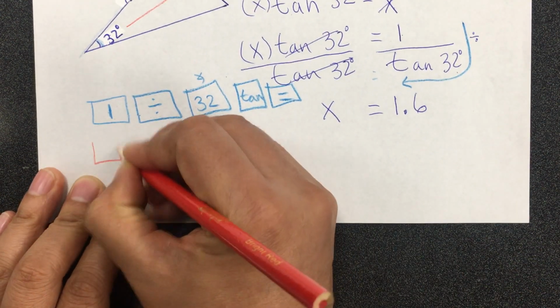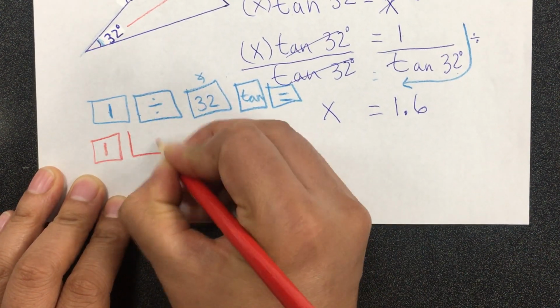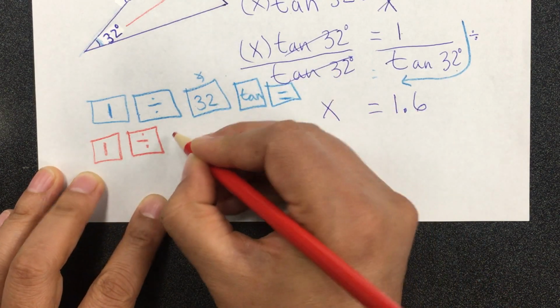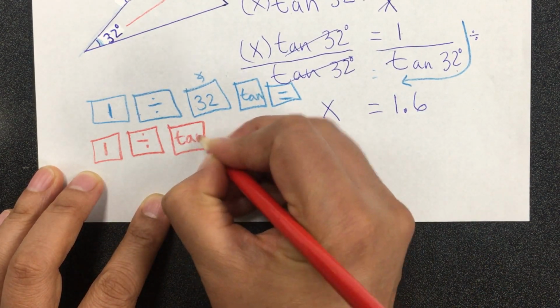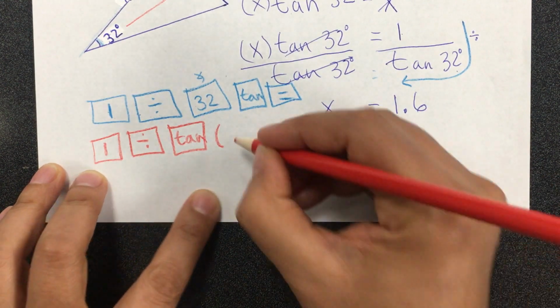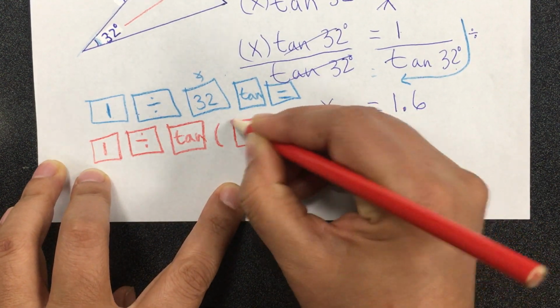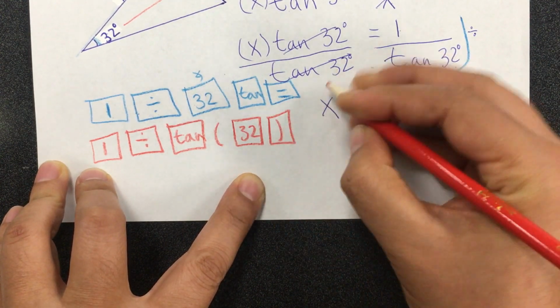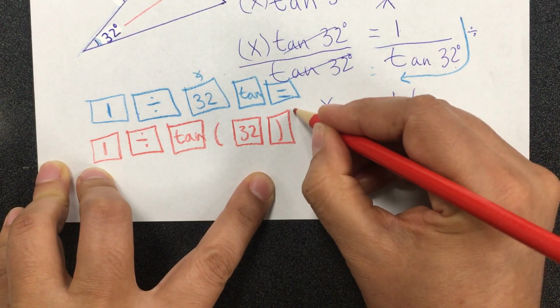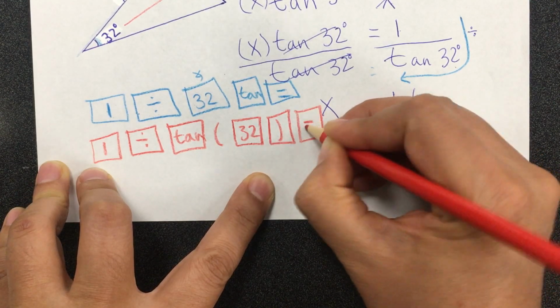Now let me write it down. So what you did was 1 divided by, these are backwards, see? Tangent, it opens a parenthesis by itself. 32, you close the parentheses. Sometimes it requires the parenthesis, sometimes it doesn't, and then equal.